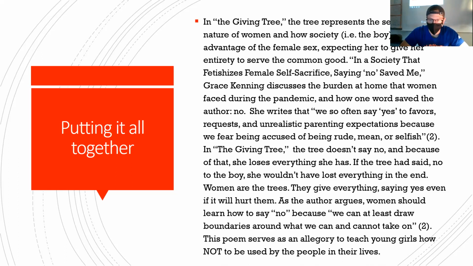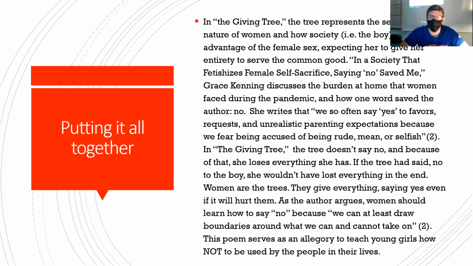And this paragraph is organized in claim, support, and analysis, just like the way that your paragraphs should be organized. In The Giving Tree, the tree represents the self-sacrificing nature of women and how society, i.e. the boy, takes advantage of the female sex, expecting her to give her entirety to serve the common good.